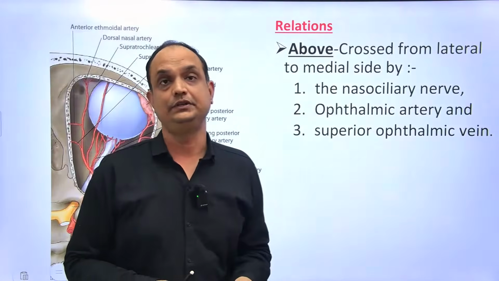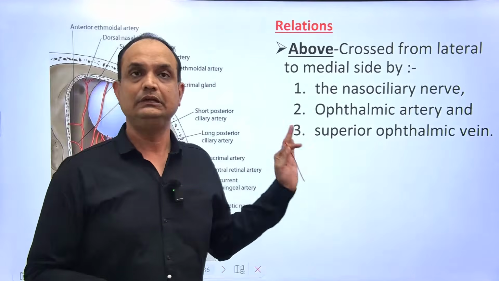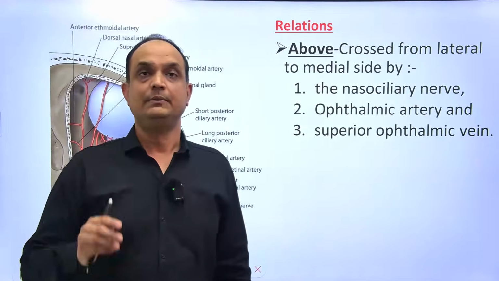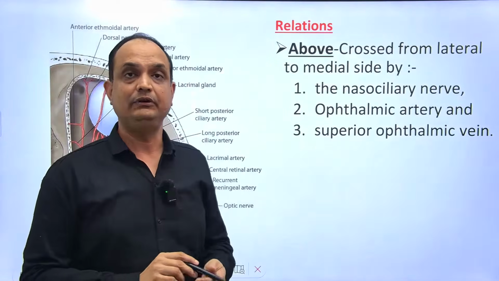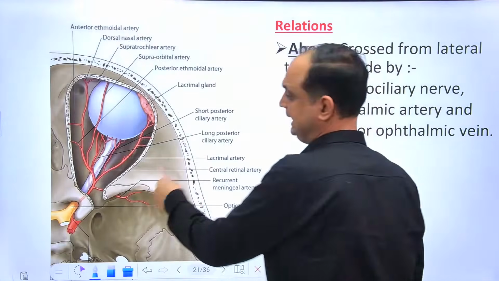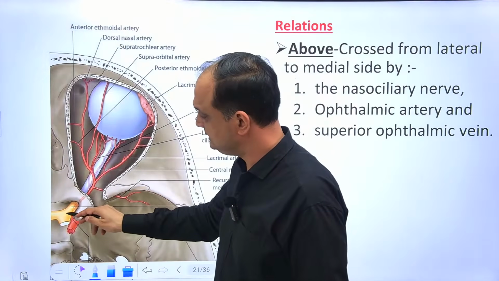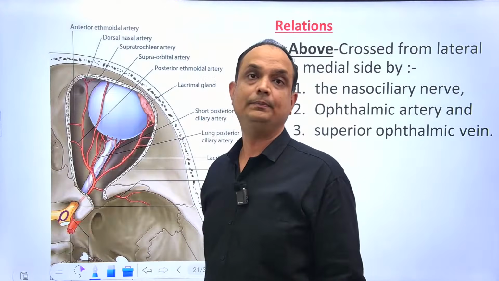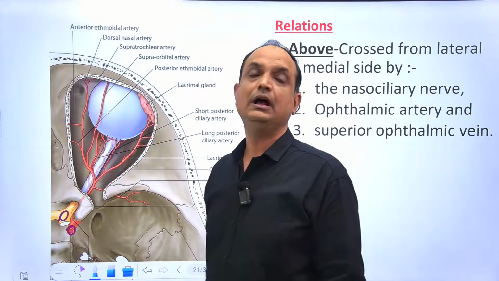Now, what is the relation above? This slide is the most important thing. This question has been asked so many times, because when you see the superior relation of the optic nerve, you have to understand one concept. If you see this diagram, this yellow color is your optic nerve, and below that this red structure is your artery.